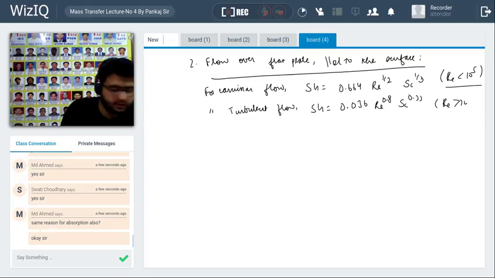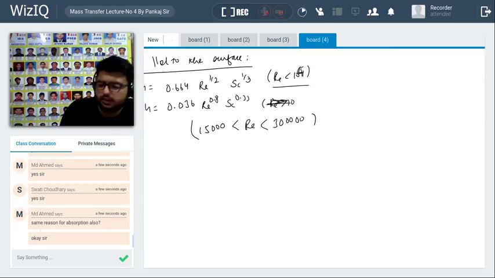When Re has a range of 10 raised to the power 4, yeah, not 5, 1, 2, 3, 4. 10 raised to the power 4 is less than or equal to Re, less than 10 raised to the power 5. Okay, these are all empirical relations.